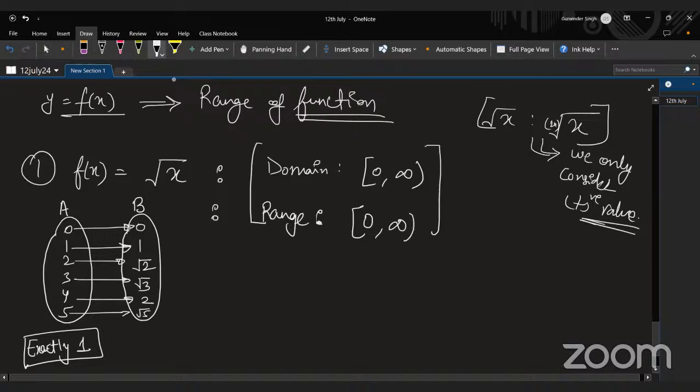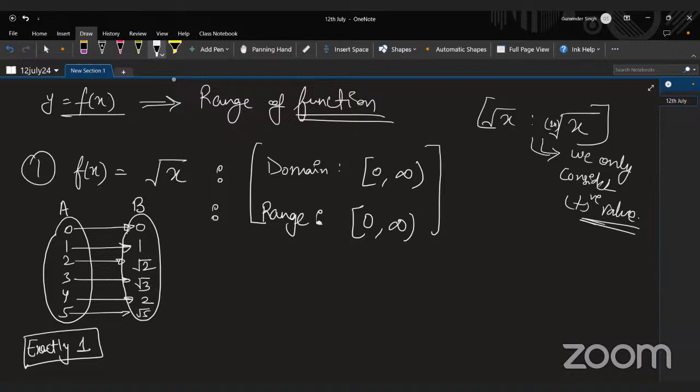Okay. Because it is a property of a function that from one element two arrows cannot leave, and similarly three arrows cannot leave either. From every element in A, exactly one arrow has to go.